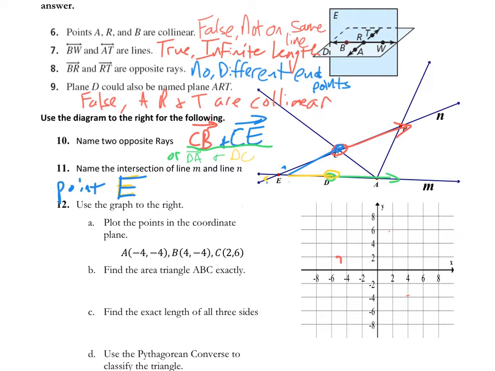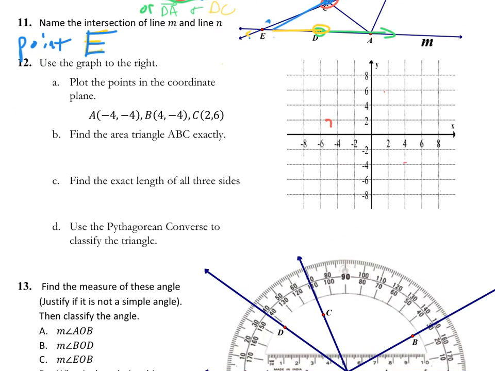All right, now we're going to draw a triangle here and work with it. So we've got some points to plot. And we want to find the area. So let's plot it. Gotta watch out here. The axes are going by 2. So we've got A at -4, 4.